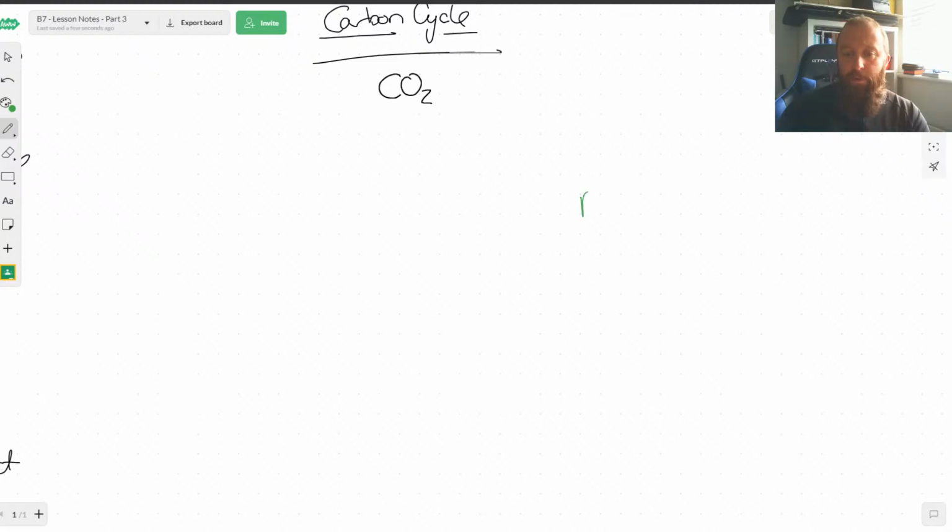So the first, and probably nowadays the most important method, is photosynthesis. Okay, so we're just going to put that down there. There's the arrow. So this is going to be carbon being taken out of the atmosphere. If you remember when we looked at this earlier, this is to do with plants taking out the carbon dioxide.